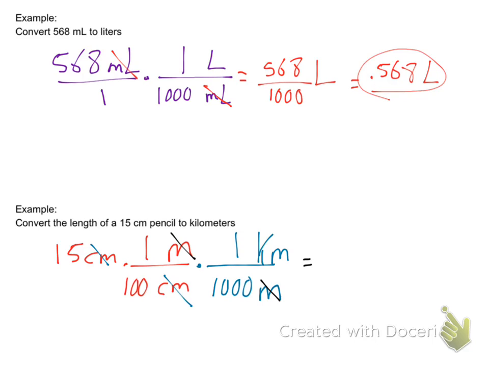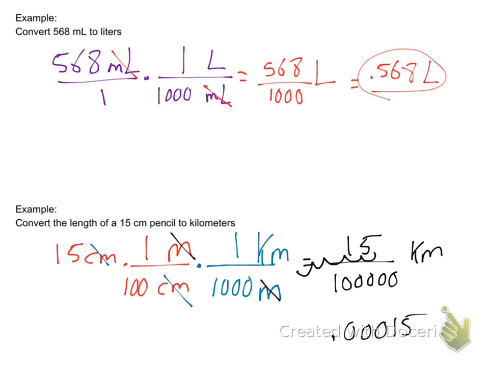So what do we get? 15 times 1 times 1, which is 15. What's 100 times 1,000? It's a 1 followed by 5 zeros. And then the answer ends up being kilometers. 0.00015 kilometers.